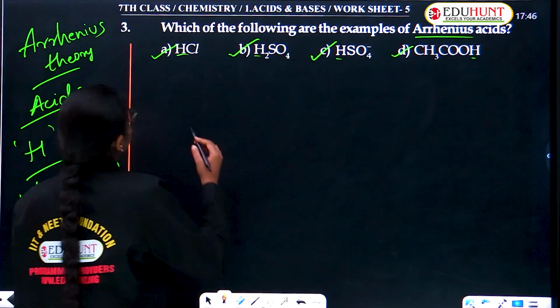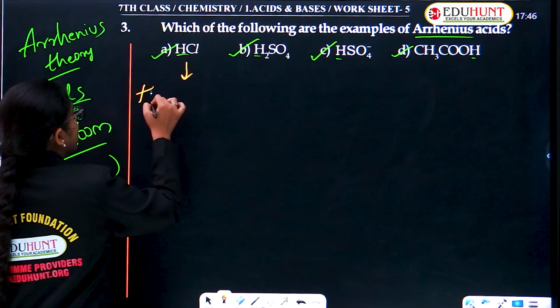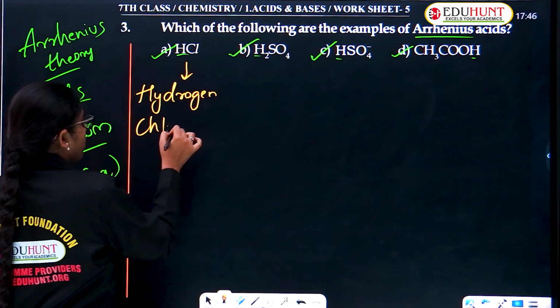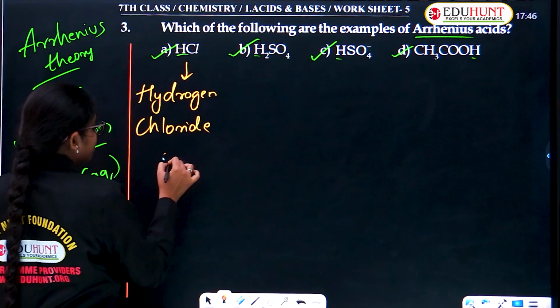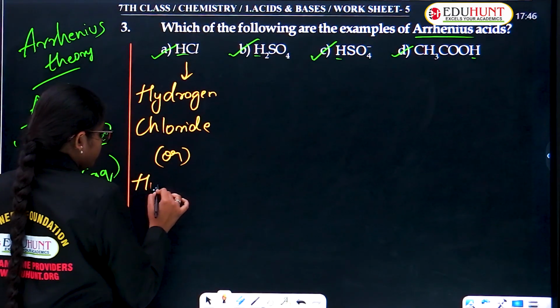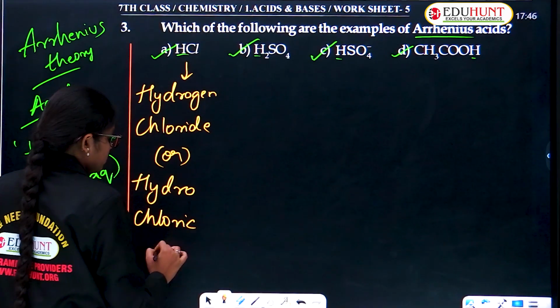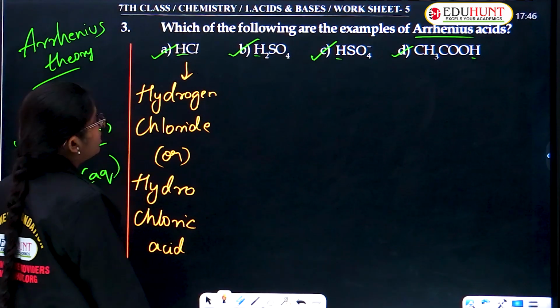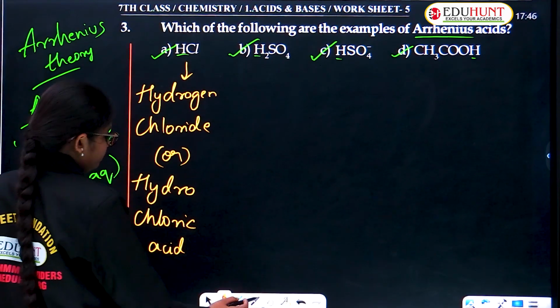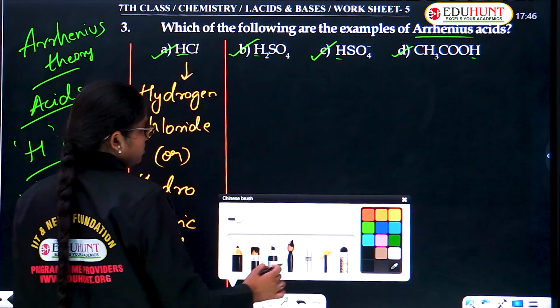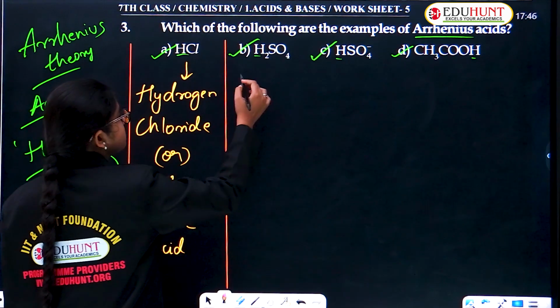Now I want to include the names here. HCl is called hydrogen chloride or hydrochloric acid, very good. And H2SO4 is called what acid?